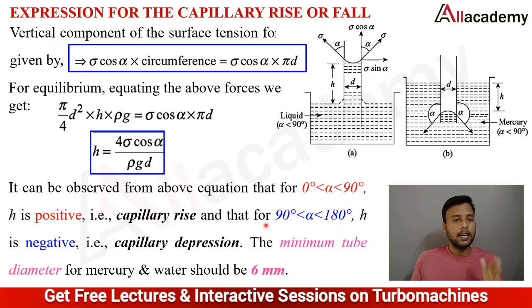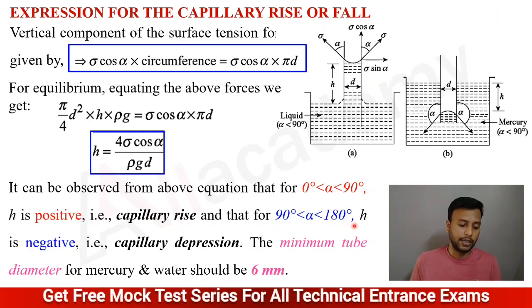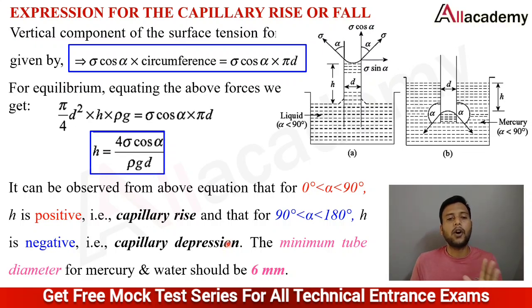If the angle of contact between the tube and the liquid is between 90 and 180 degrees, then h is negative, and it is a capillary depression or capillary fall.